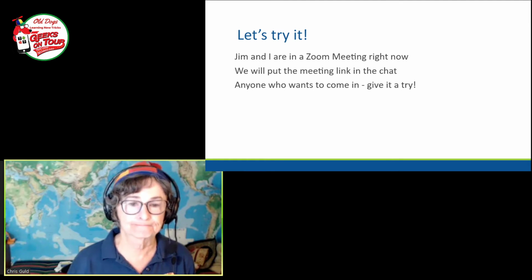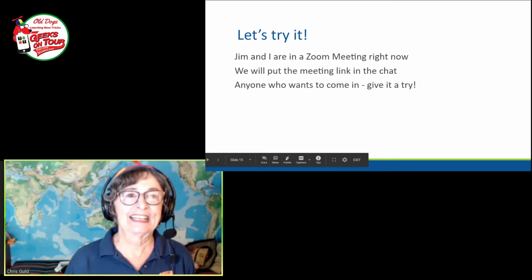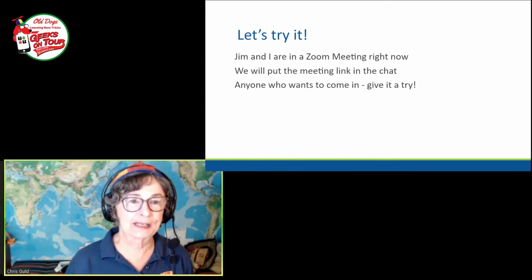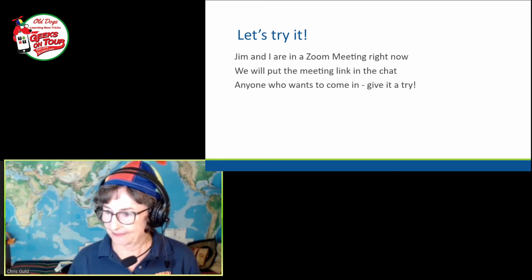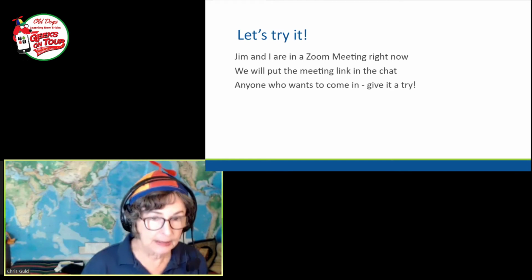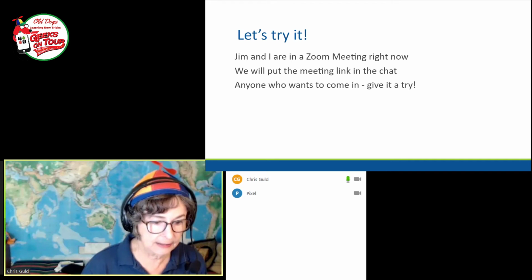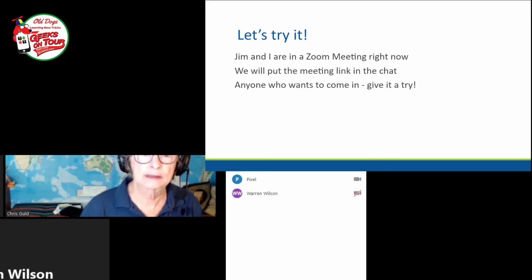Okay, now I have to go find it. You need to put the actual Zoom meeting up on the YouTube screen. Let me see if there are any other questions here. Okay, we have a couple of people trying to come in.